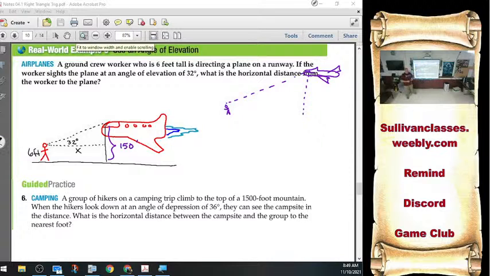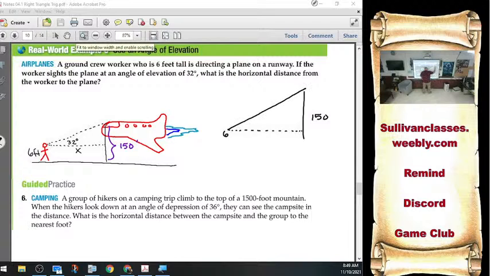So, if this just helps you to wrap your head around what goes where in the triangle, go ahead and doodle it out. Have fun with it. You don't have to. I don't have to do any of that. I can say instead, I know there's a height of 150. I know there's a 6-foot dude right here. And I know that that's 32 degrees.